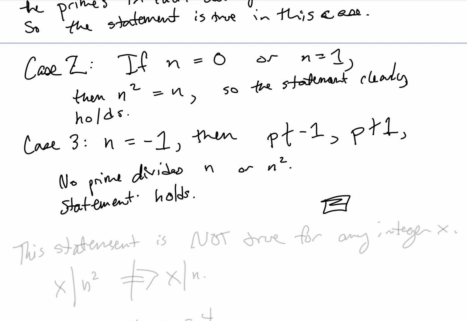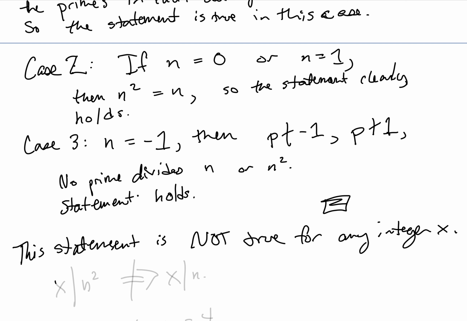So we are done. So we've shown that for any integer n, the same primes divide both n and n squared. One thing to observe is that this statement is not true in general for any integer x.